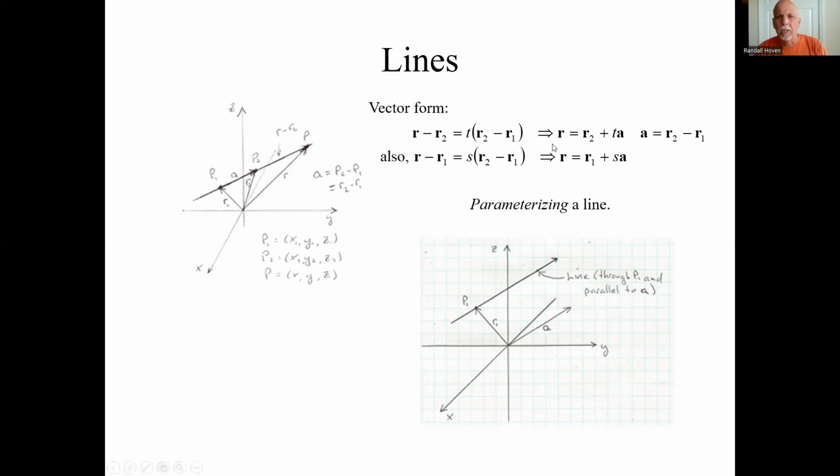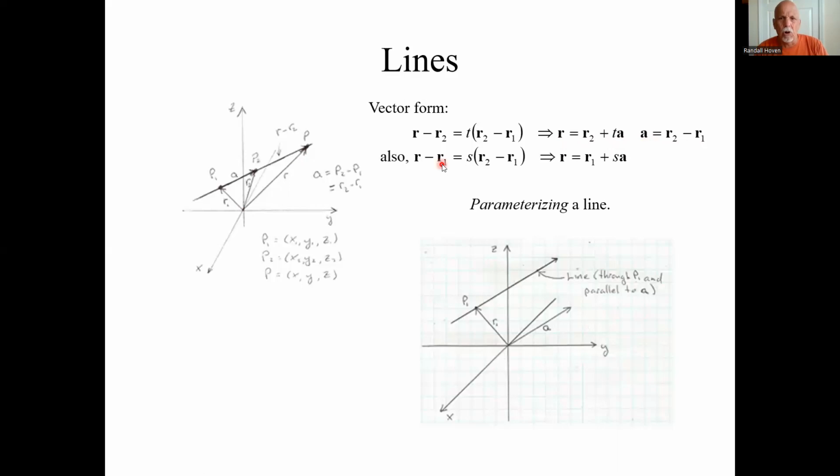Let me rewrite that a little bit. I could say R, the position vector to any point on the line, equals R2 plus some parameter T times A, where A is this difference.